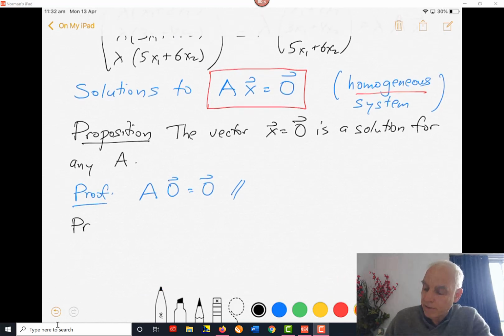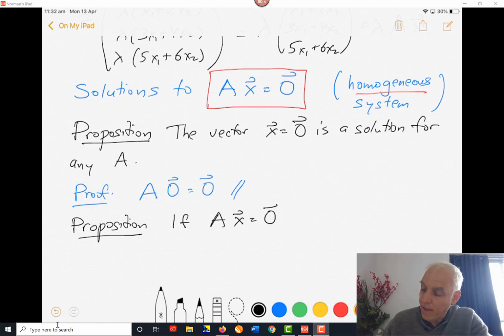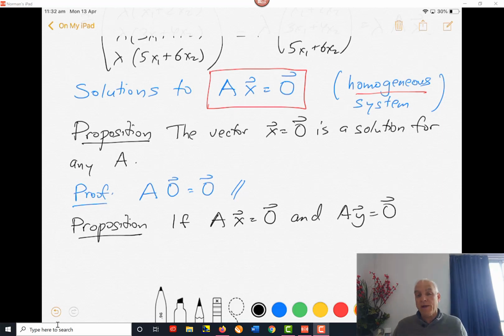A somewhat less trivial thing about one of these homogeneous systems is that if AX equals 0 and AY equals 0, in other words, if we have two solutions to a homogeneous system, then two things.